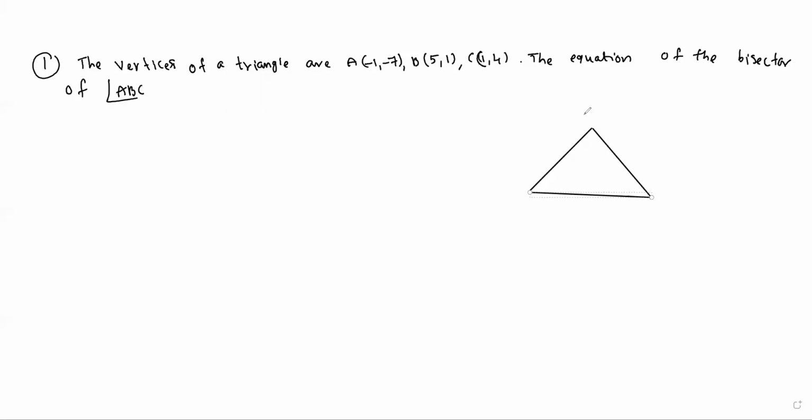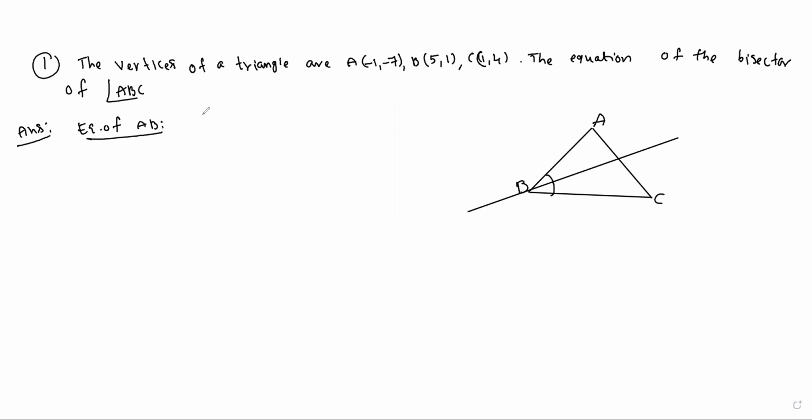Here I'll take this is A, this is B, this is C. That means we need to find the angular bisector at B. This equation we need to find out. Now, this angular bisector is between which lines? AB and BC. But we don't know the equations of AB and BC. If you know the AB and BC equations, we can find it easily. First I'll find the equation of AB.